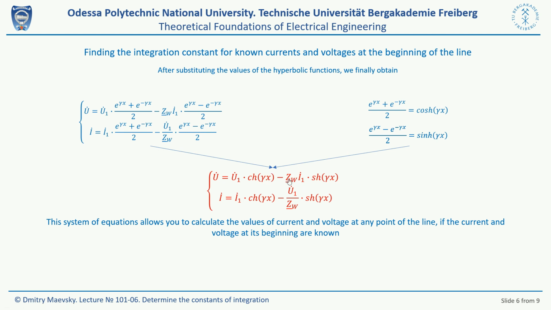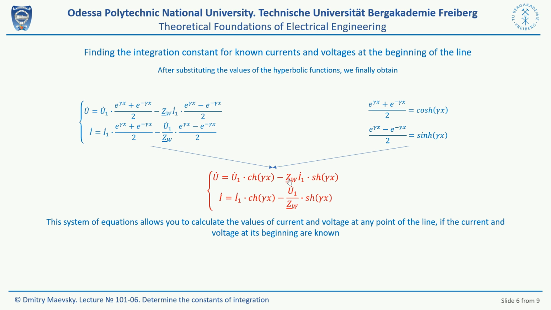Remember, in the first lecture of this topic, we talked about the fact that all currents and all voltages in lines with distributed parameters are functions of two variables.